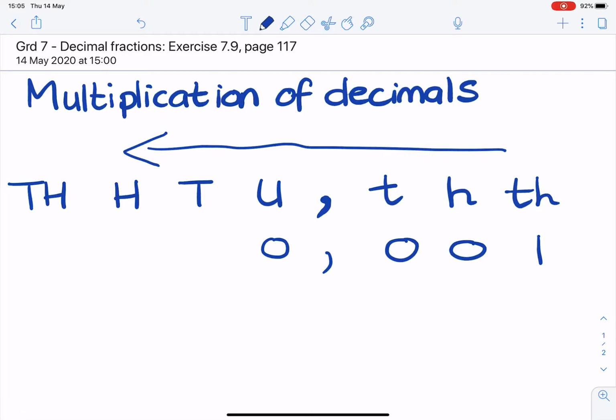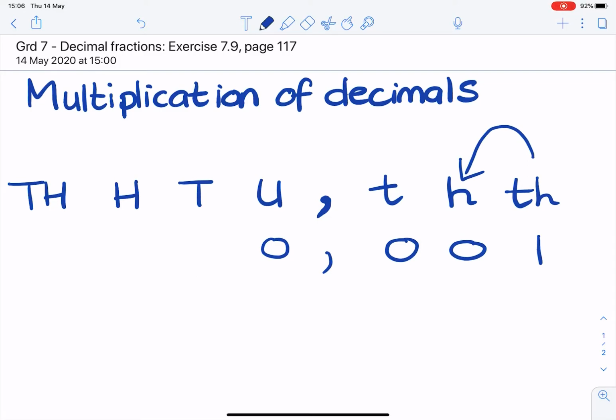So, if I multiply this by 10, it is going to hop from the thousandths column into the hundredths column. So the whole number is going to get up and move one place to the left.